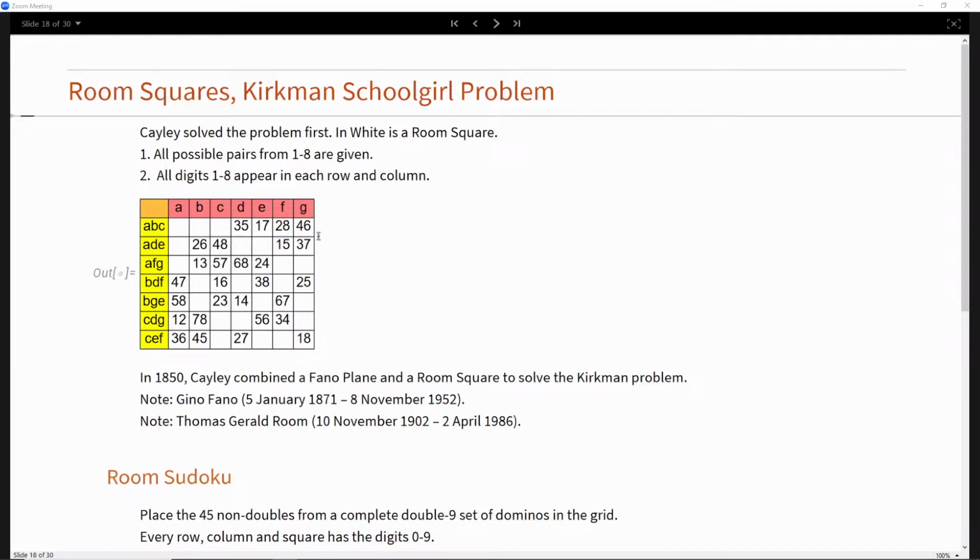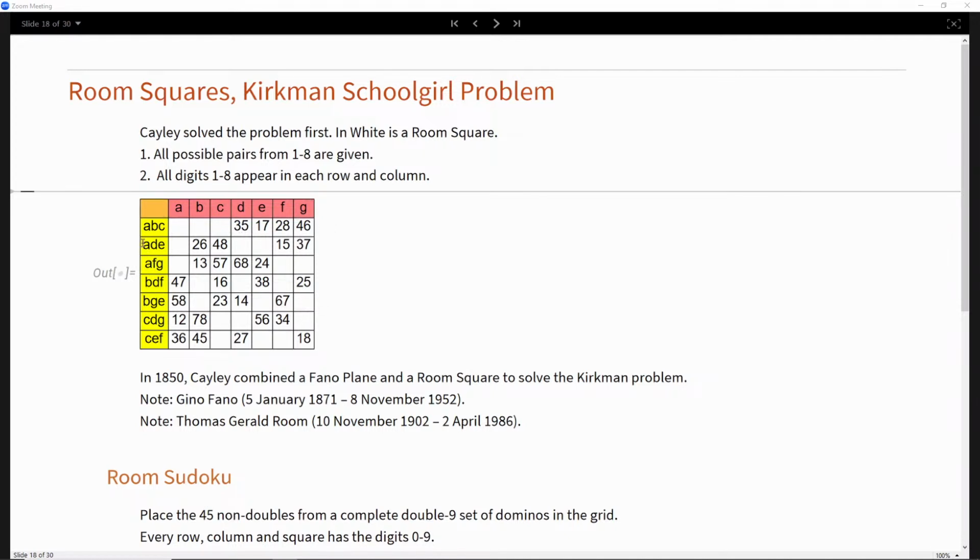So if you take a room square and a Fano plane, we can combine them so that ABC is one triple, D35, E17, F28, and G46 is another set of 5 triples combined together. Basically the schoolgirls would be the letters A to G and the numbers 1 to 8.